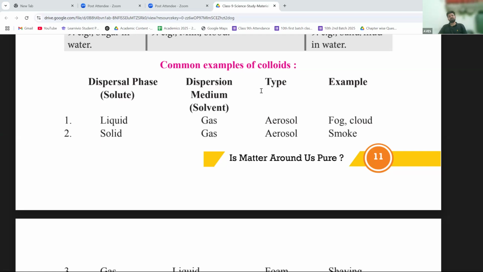Write down the dispersal phase, dispersal medium, type, and examples. Make this table properly, and you have to memorize this one fast. Done, sir.